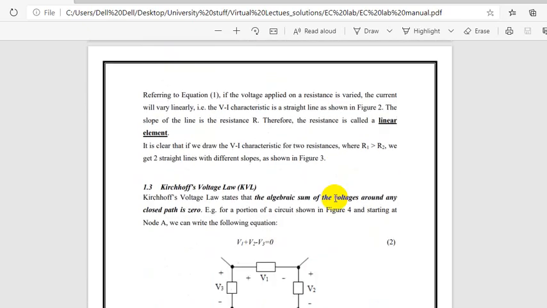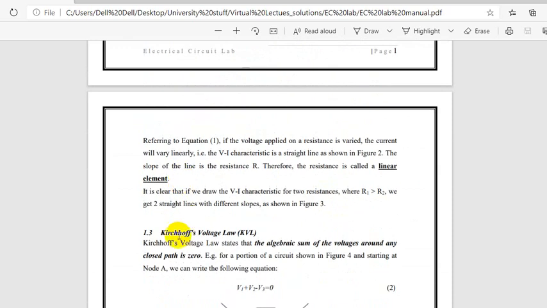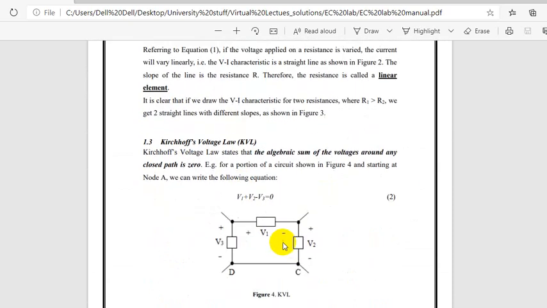Next part is Kirchhoff's voltage law, KVL. You know, the voltage in the whole circuit will be 0. Here the voltages are V1 plus V2 and minus V3. If you take the closed loop, plus V1 plus V2 minus V3 is equal to 0.